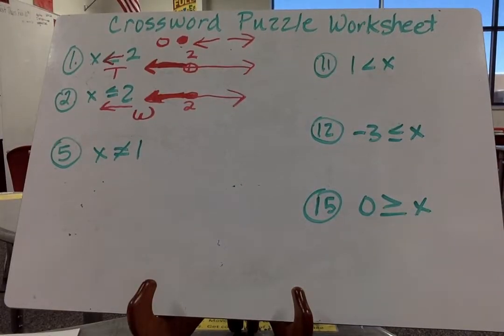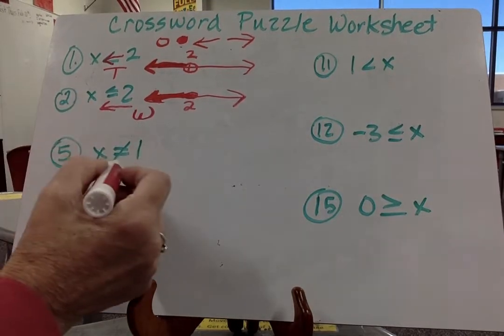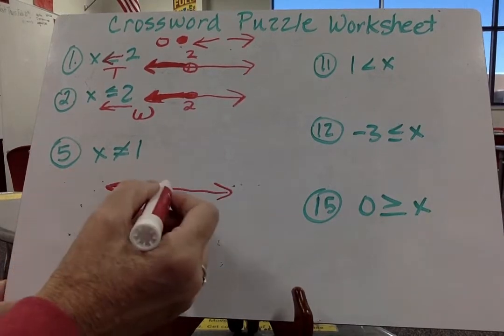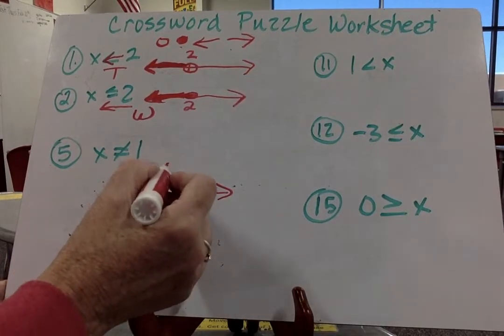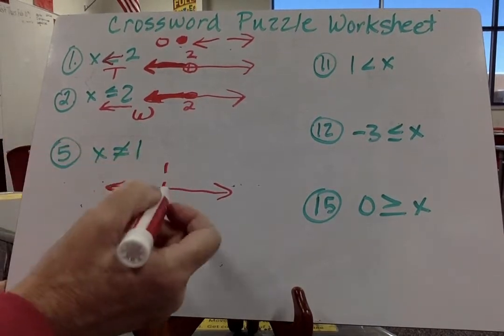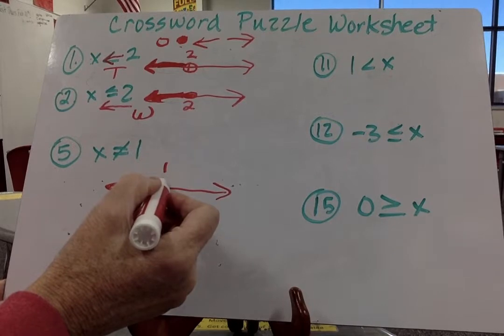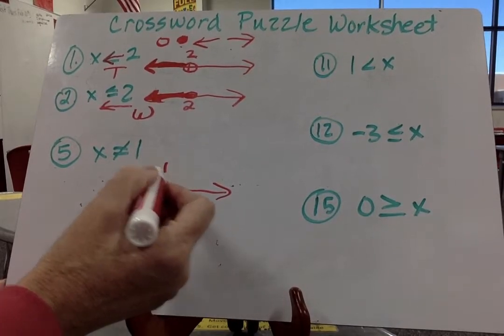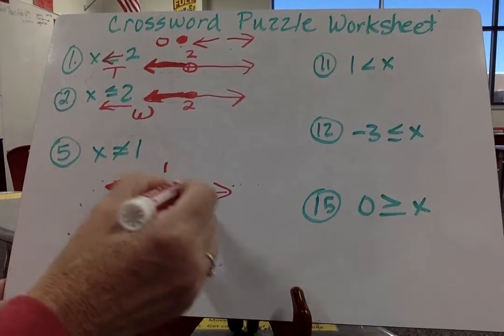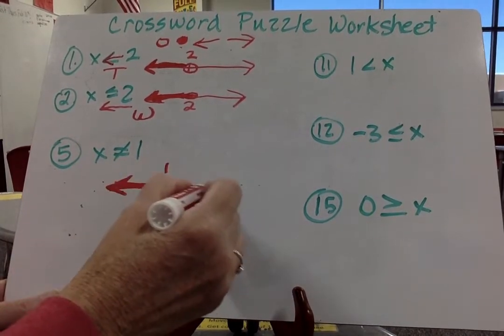Next, number 5. This is something you probably haven't seen before. X is not equal to 1. Well, what does that mean? It's going to happen at 1, so make sure we put number 1 there. Not equal to means it can't be 1, so I need an open dot at 1. However, it can be anything else, so I can shade this side and this side.